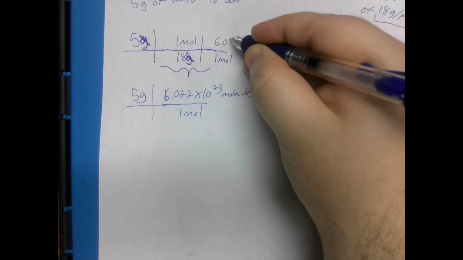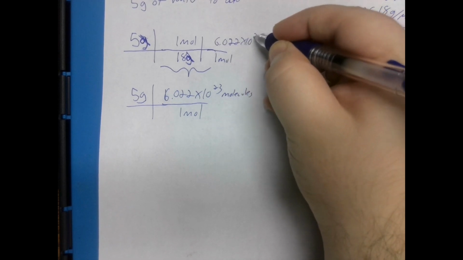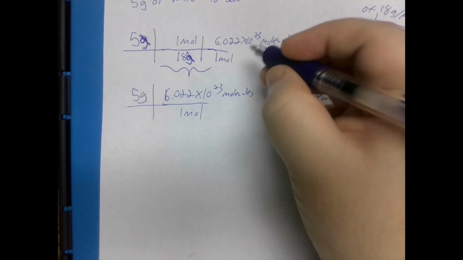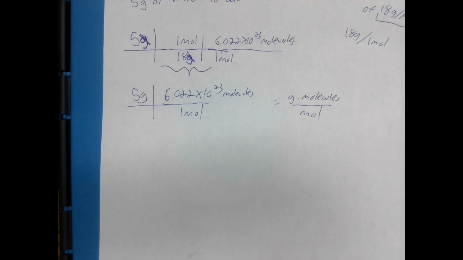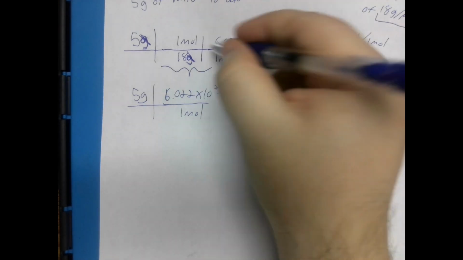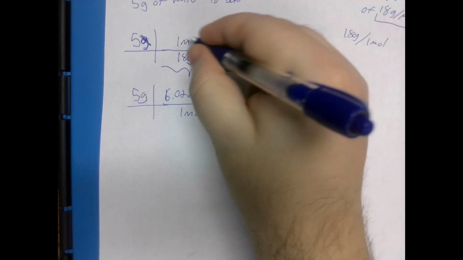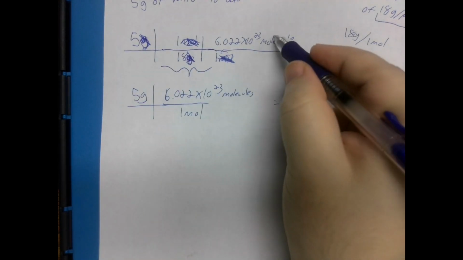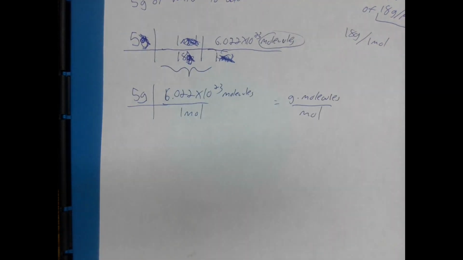I put 6.022 times 10 to the 23 molecules on top. Then I cross out my units. Mole and a mole cancel each other out. The unit I'm left with is molecules.